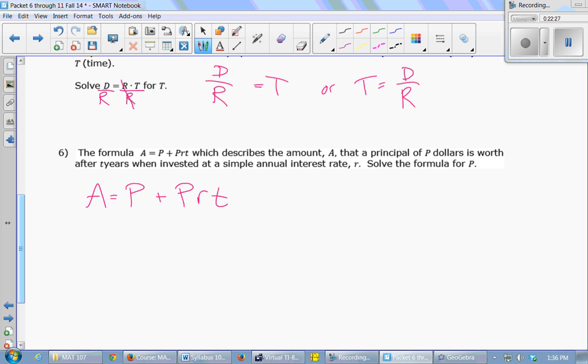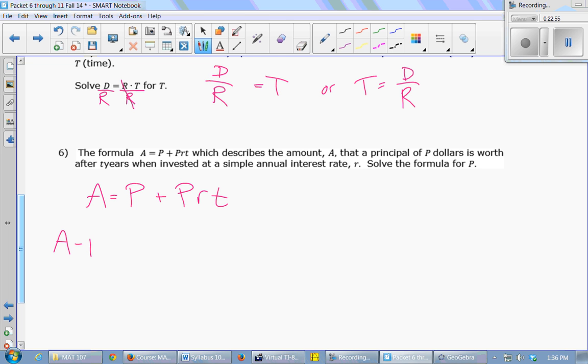So I want to solve this equation for P. So I want to know what P equals. So I want P all by itself, other stuff on the other side of the equation. Subtract PRT to the other side.